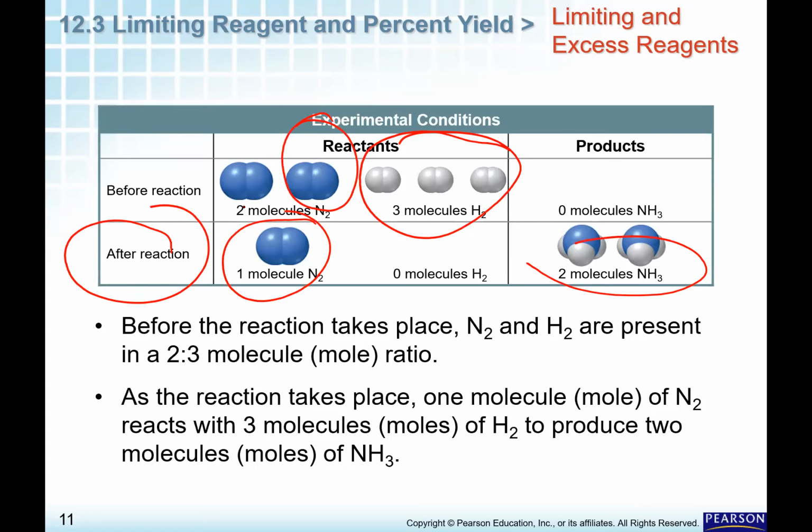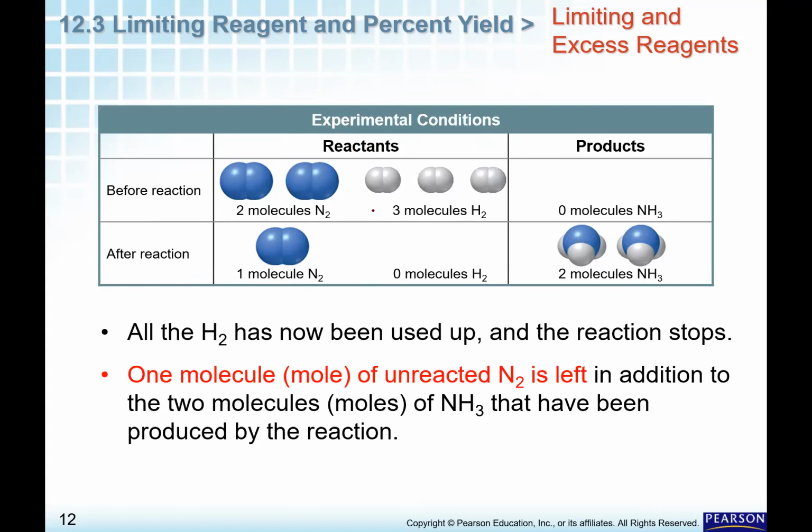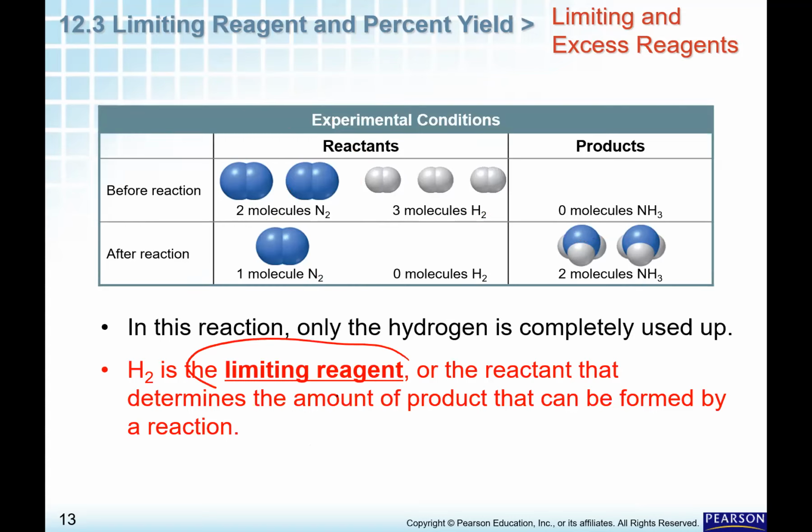So who stopped you from making more ammonia? It is the hydrogen, exactly. So hydrogen in this case is called the limiting reagent, and nitrogen is the one which is in excess. Okay, so hydrogen is your limiting reagent.